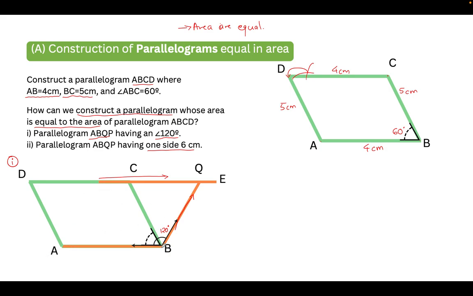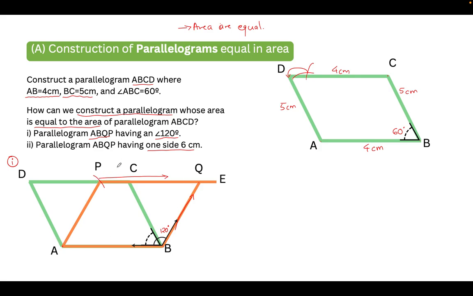So we will first put the point of the compass here and the pencil here, and then put the tip of the compass here and make an arc on this line DE. Here will be an arc, so we will join A to this arc, so that ABQP becomes a parallelogram.